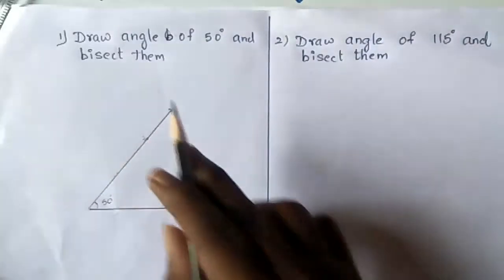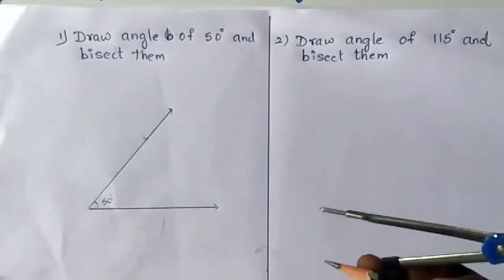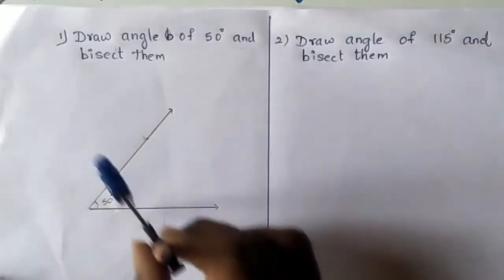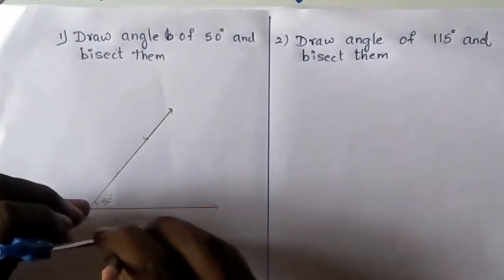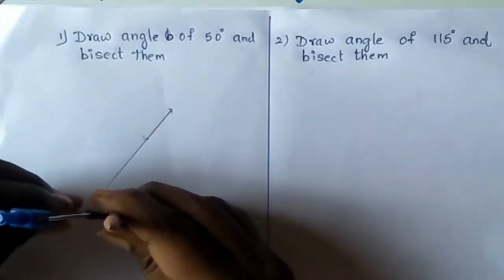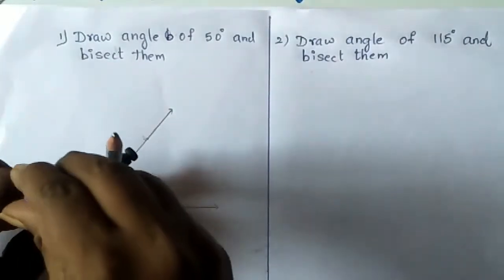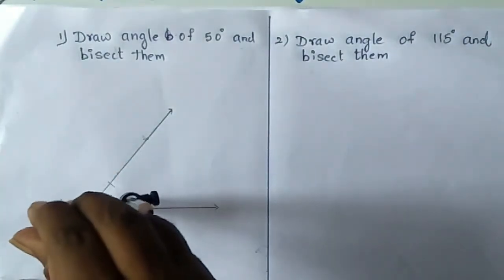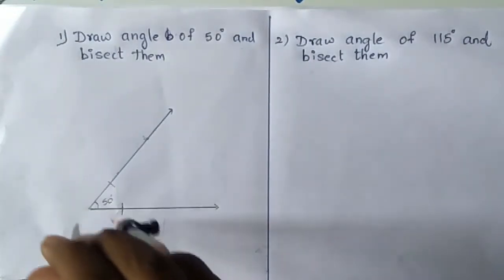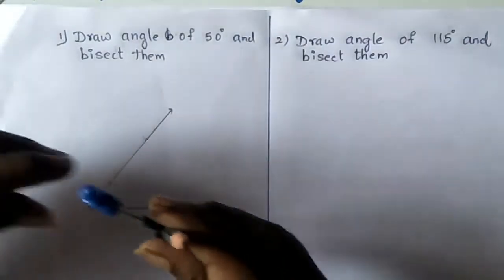Now to draw a bisector, use a compass. First you have to make an arc on both the sides. Take any measurement and form an arc on both the sides of equal measurement, then increase the length.